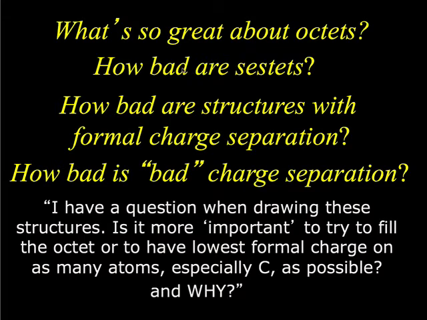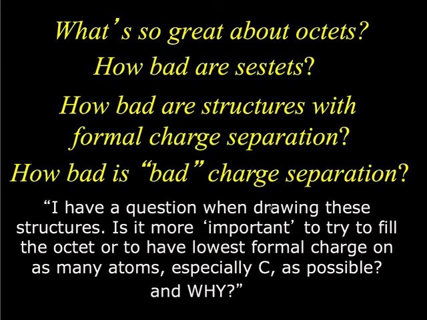How bad is that positive charge? How bad are charges with formal charge separation? How bad is that? And how bad is bad, right? How many atoms have to be missing an octet before the charge separation structure is better than the non-octet structure? Okay, these are great questions.